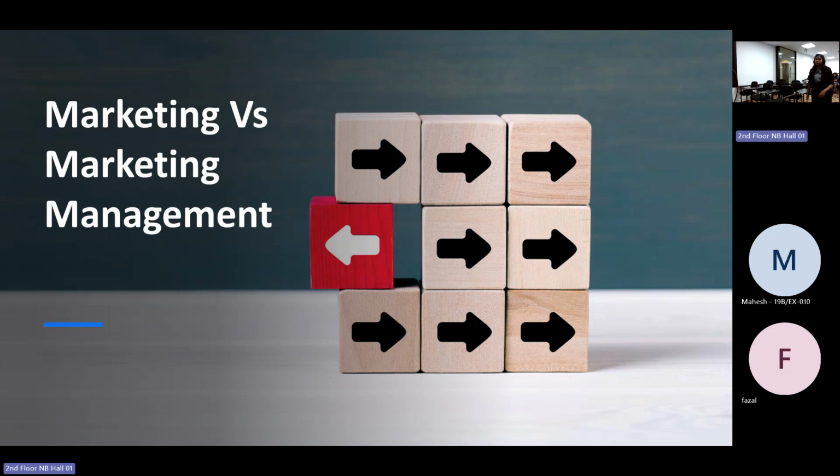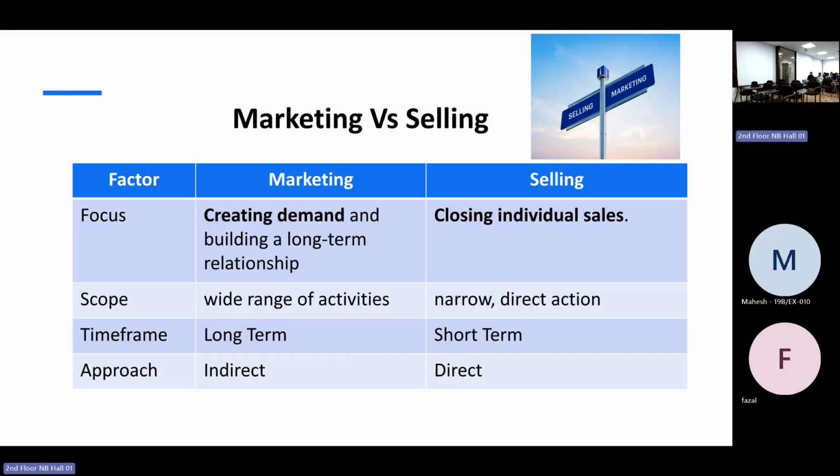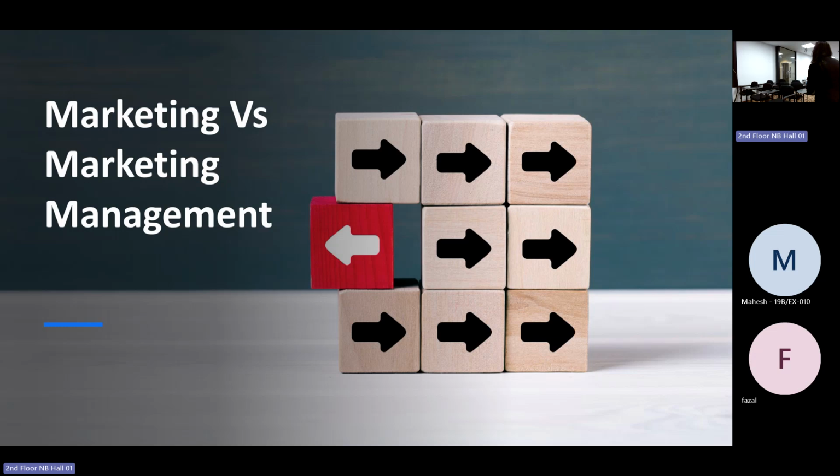Then I will give you a small activity. You can discuss with each other and write down what is the difference between marketing and selling.